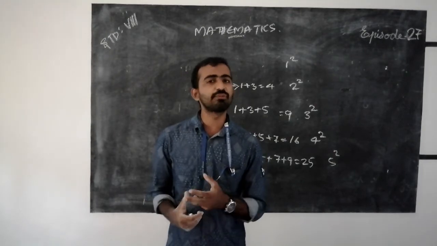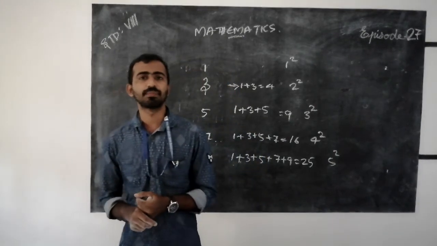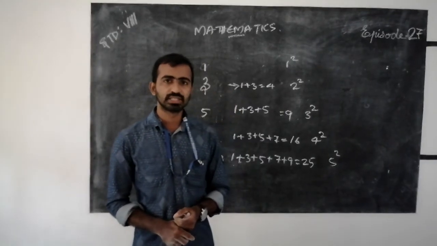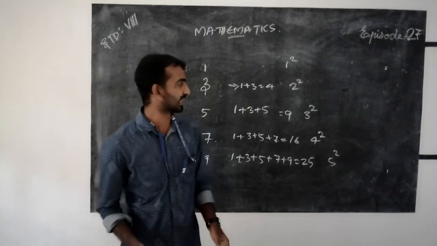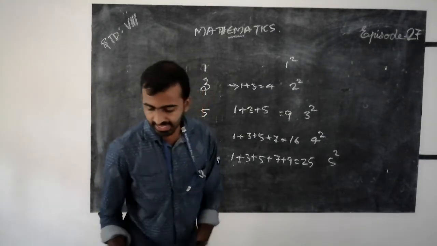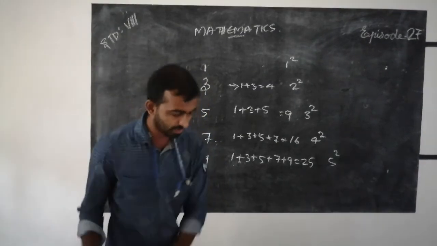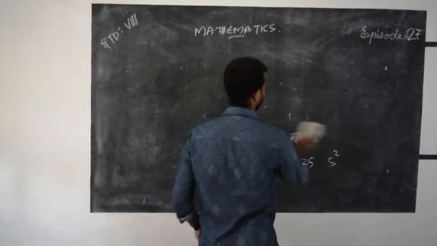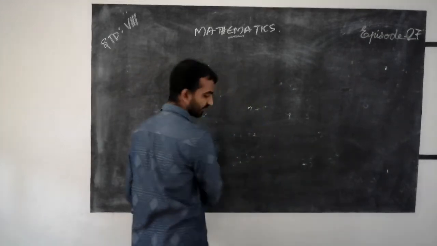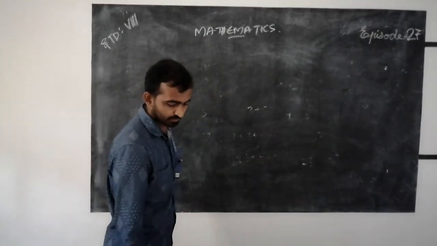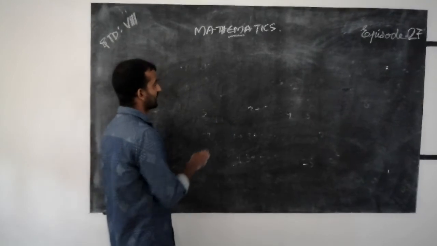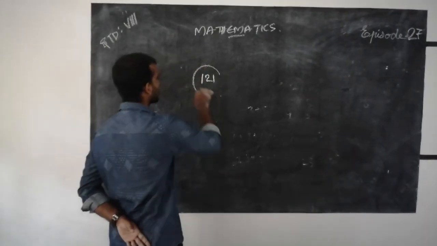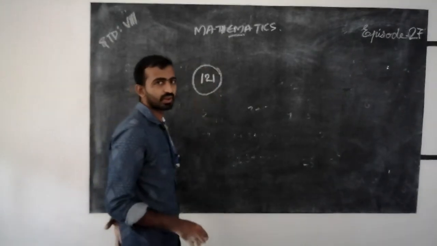Or we can first discuss another example. Which way do we find whether a number is a perfect square? We use subtraction. For example, I take 121. We want to check whether 121 is a perfect square.